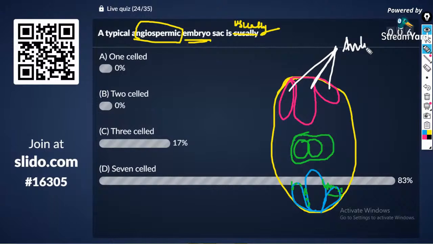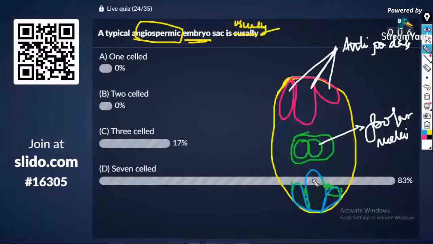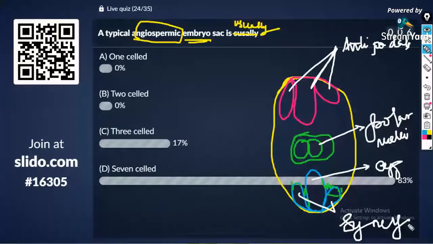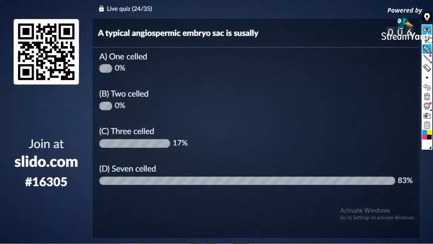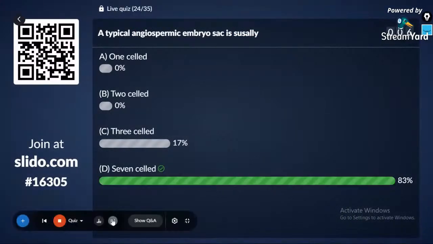This is the polar nuclei. This is the egg, supported by 2 synergids. It is 7-celled, 8-nucleated. Next question on the screen.